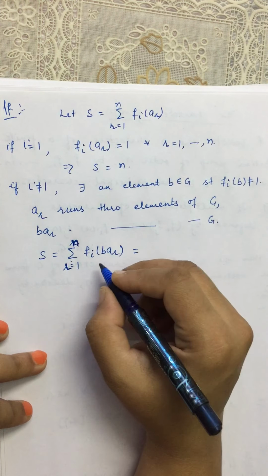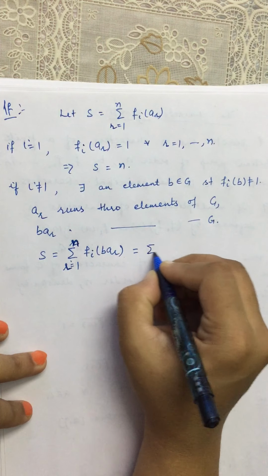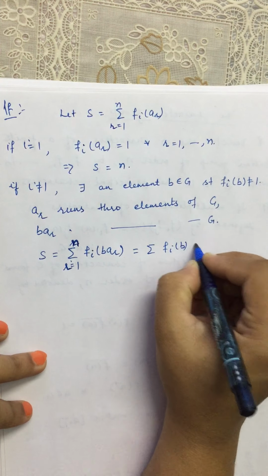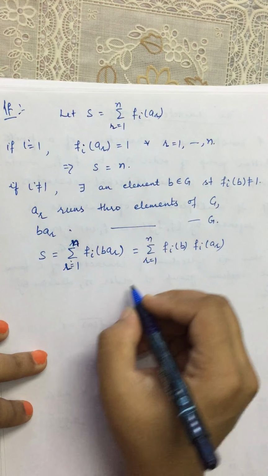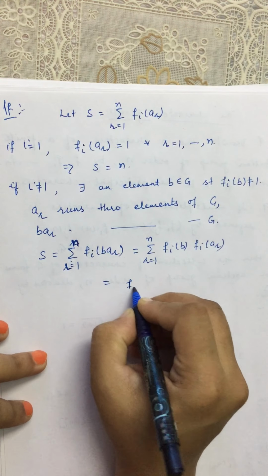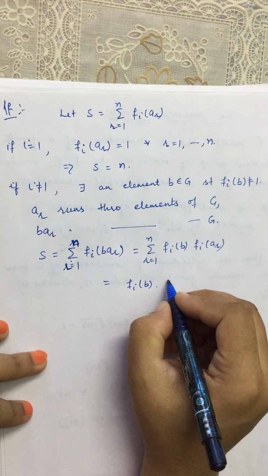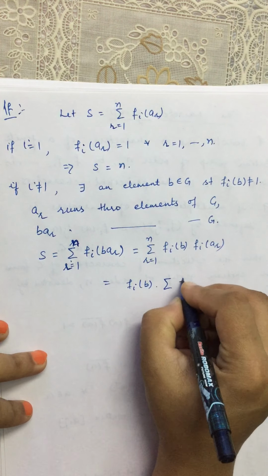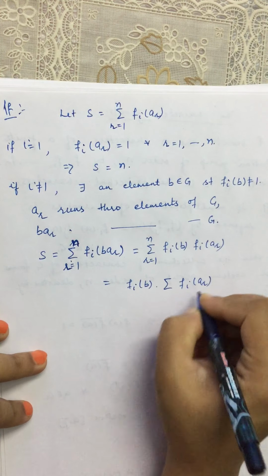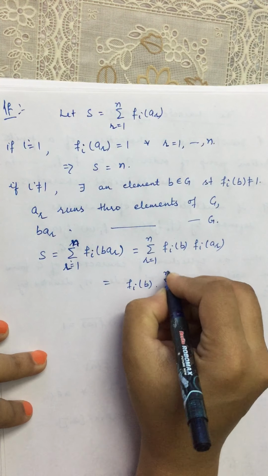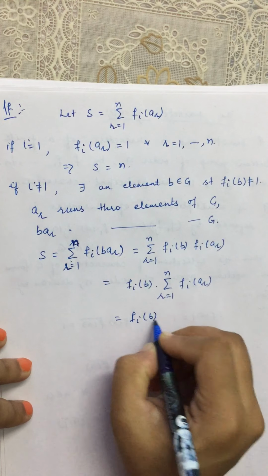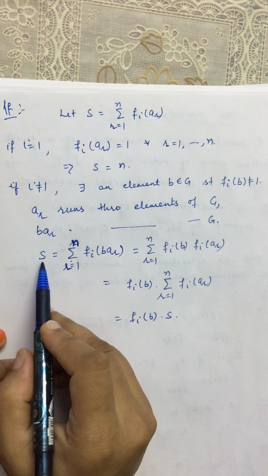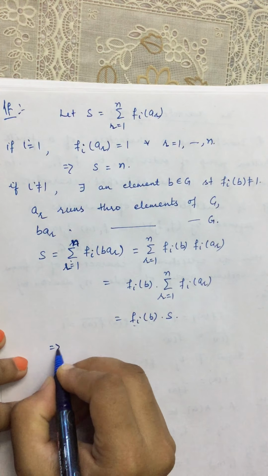Because of the multiplicative property, this can be written as fi(b) times the sum of fi(a_r), r varying from 1 to n, and fi(b) can be taken outside because it is independent of r. So this is fi(b) into S. So we have proved S is equal to fi(b) into S.